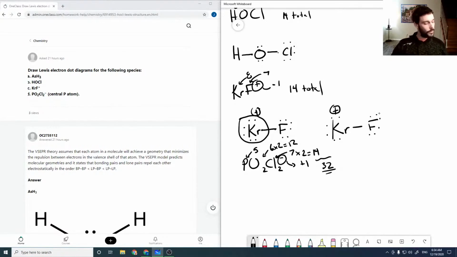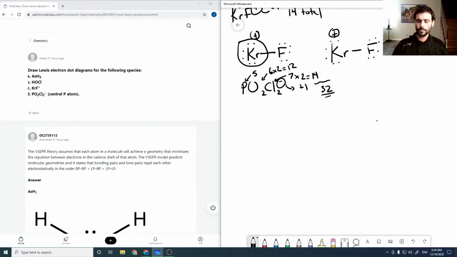And it gives us that the phosphorus is the central atom. Again, I'm just going to assume that things are going to be simple and then correct afterward. Except we need 4 bonding partners.